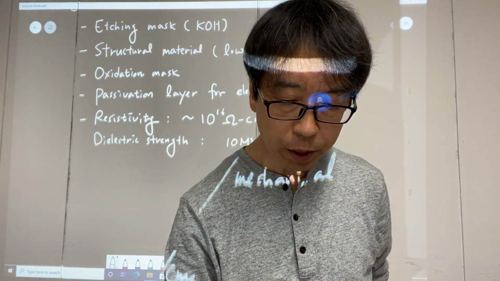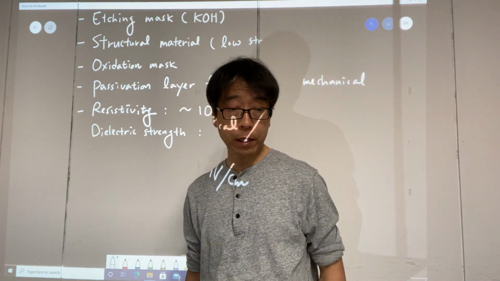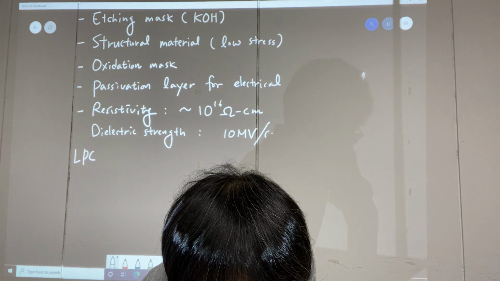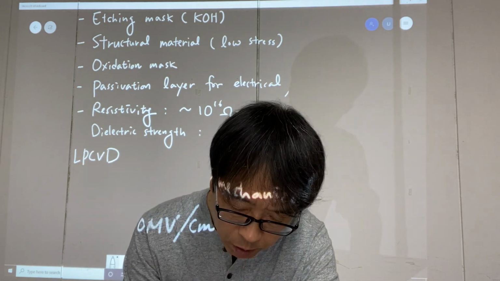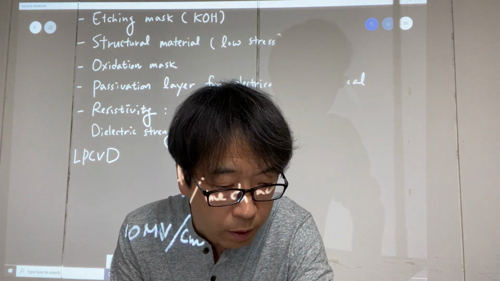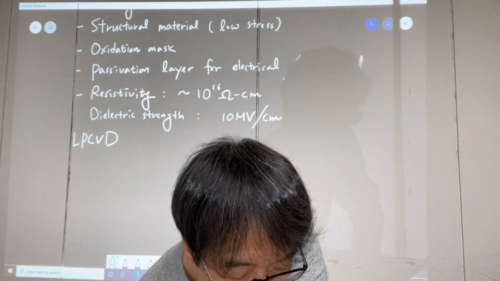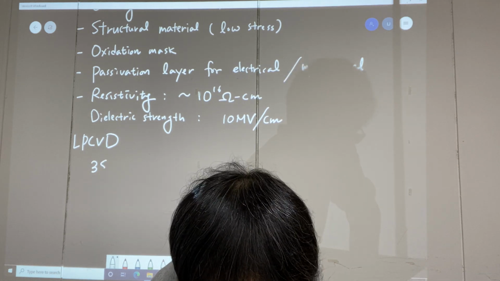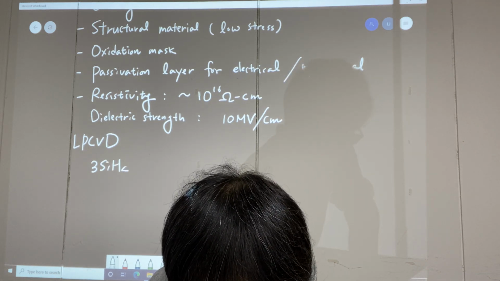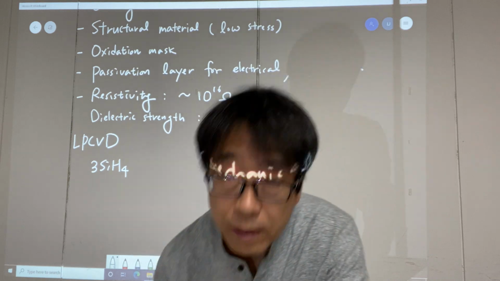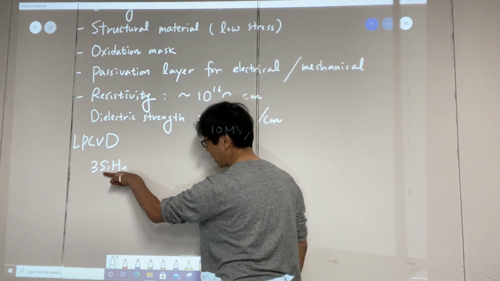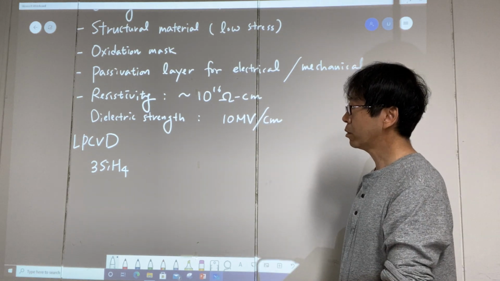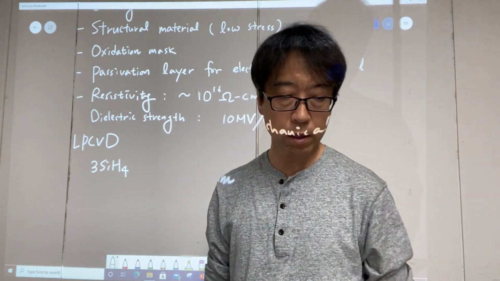Well, what is the chemistry for obtaining this silicon nitride? That is LPCVD again, low pressure chemical vapor deposition. Okay. And what's happening here is 3 SiH4, we call this silane gas. 4 hydrogen atoms are reacted with one single silicon atom.